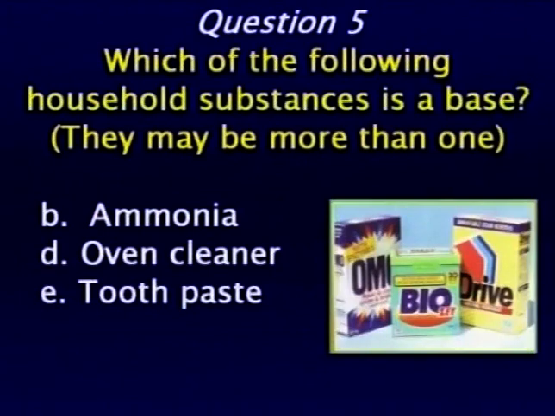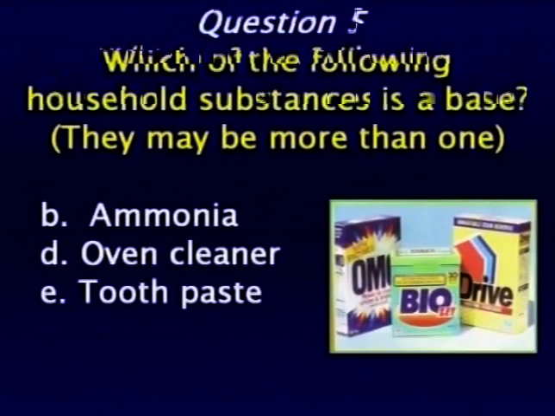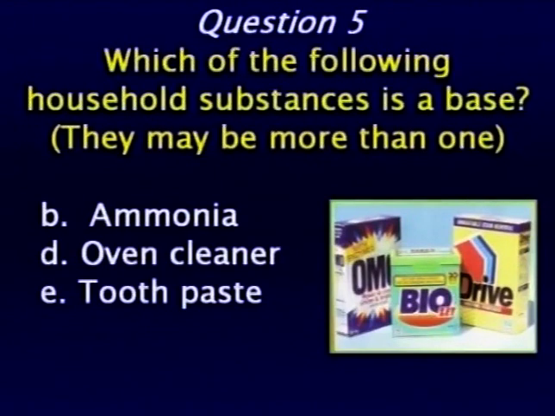Our reason is because they contain bases that help us to clean our household items and our bodies. All right, let's have a look at the correct answers. You should have B, D, and E.